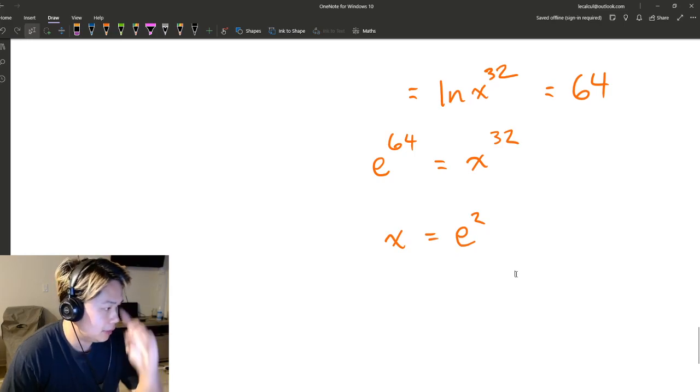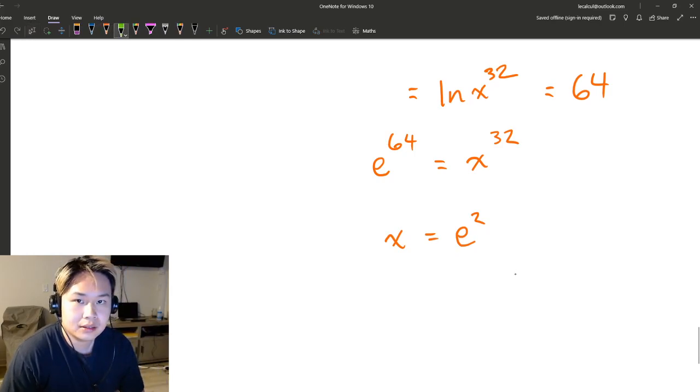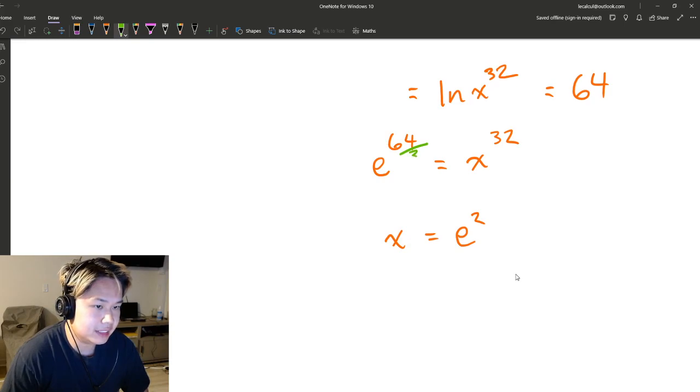We're just gonna do some algebra. If we divide this exponent by 32 and divide this exponent by 32, this is taking the 32nd root, essentially. Then you get x to the power of 1 is equal to e squared.